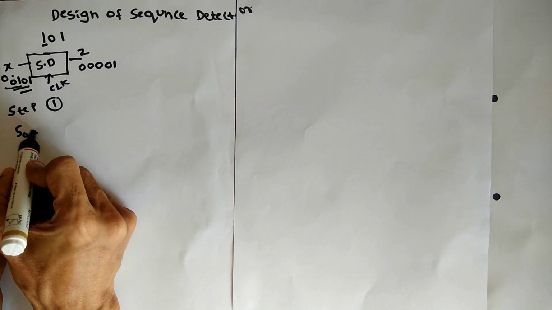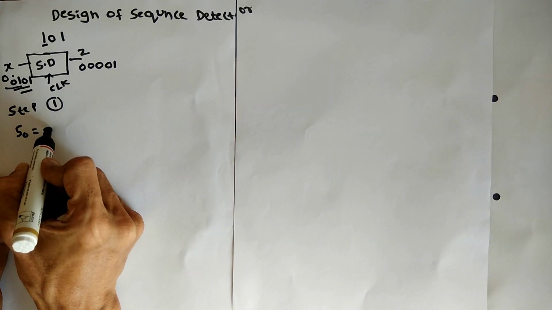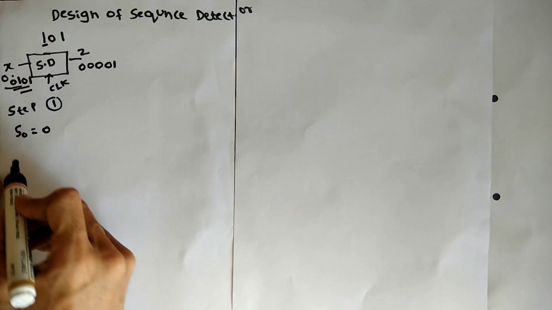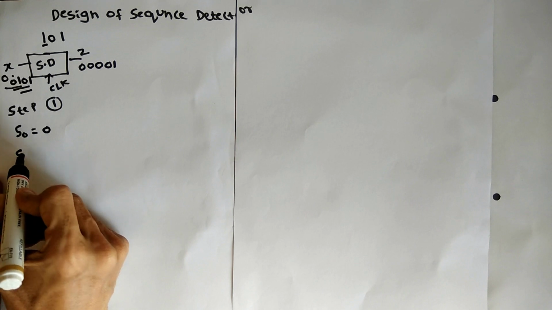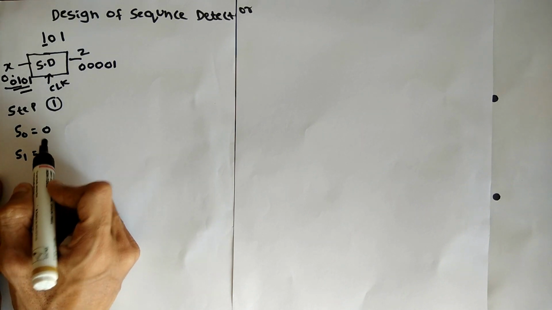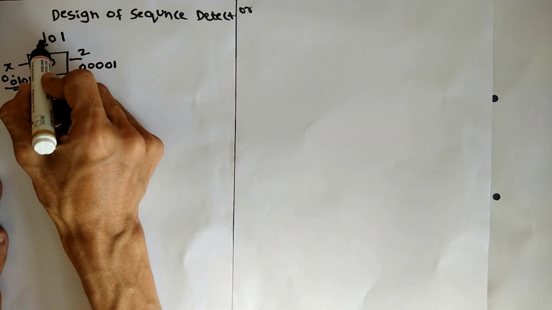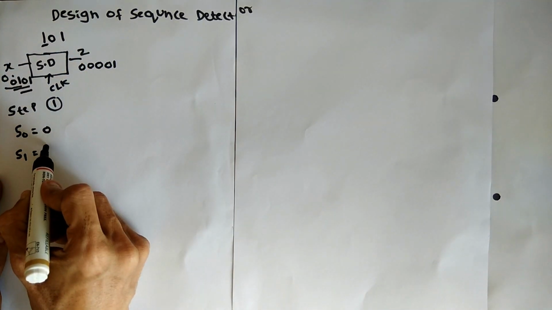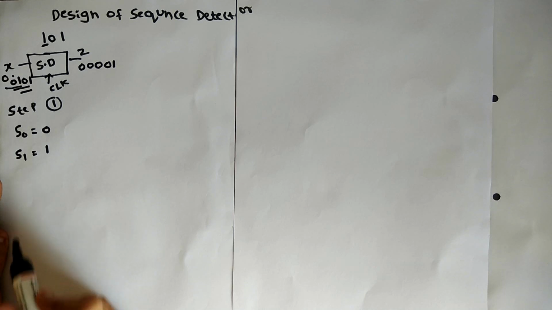So that number is 0 here. So S0 is the complement of the first bit. Next state we can take S1, which is the first bit of the given pattern, here 1.